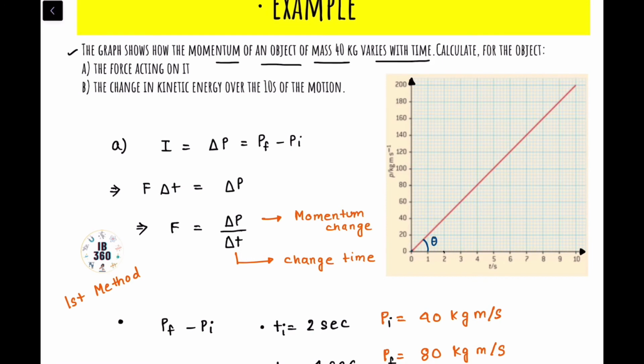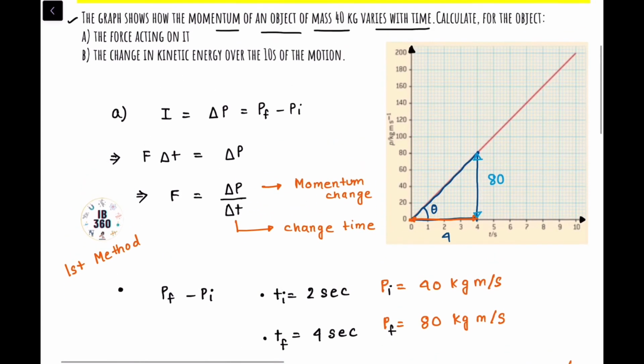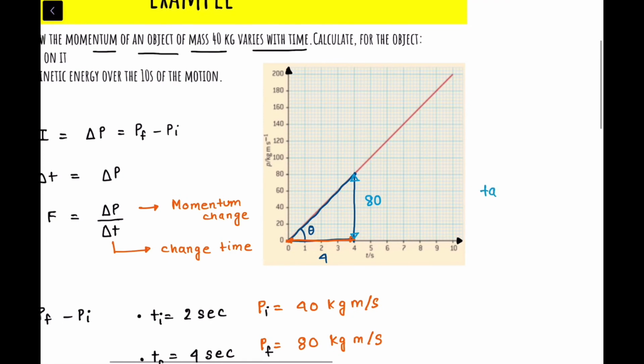So you have to find this angle. In order to calculate this angle, take a triangle. Suppose I take this point. For the triangle, from this point to this point is 4 units, and from this point to this point is 80. So from the triangle, can I say that tan theta is nothing but 80 divided by 4, so tan theta is equal to 20.